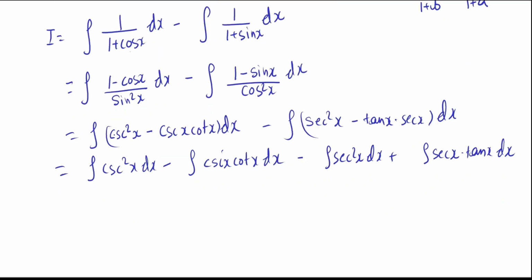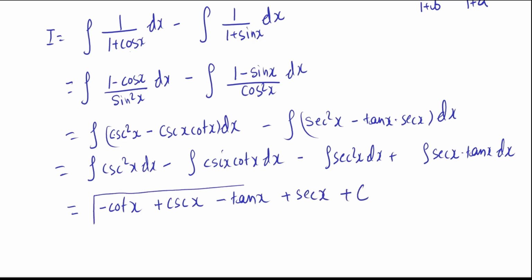So this is going to be the integral of cosec square x, which is minus cot x, and the integral of cosec x into cot x is basically, since it is a derivative of minus cosec x, here we have minus, so this is going to be plus cosec x. This is going to be minus tan x, and this is going to be plus sec x plus c, right? So this is my answer. Okay, this is from method one.